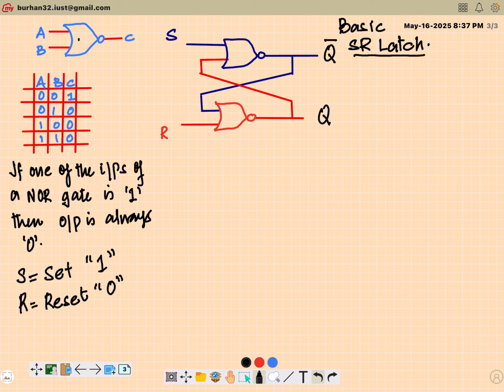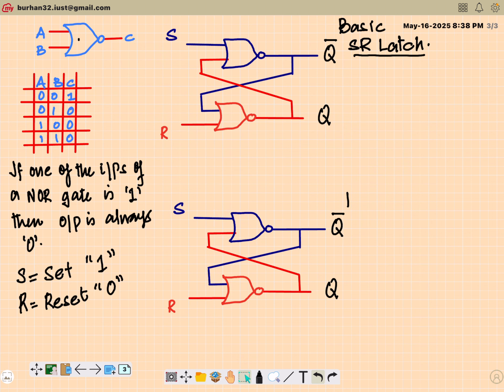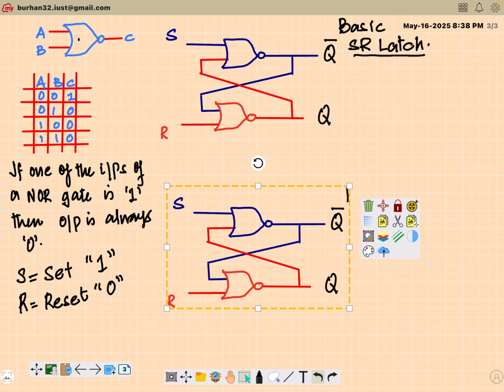Now let's try to understand how this circuit behaves. I will start with a condition wherein I assume that initially both S and R have a value of 0.